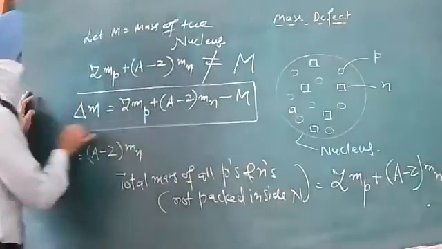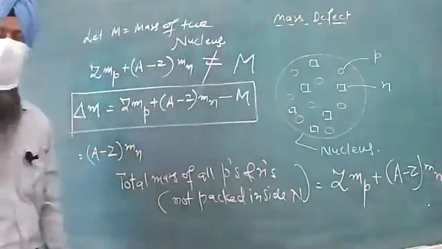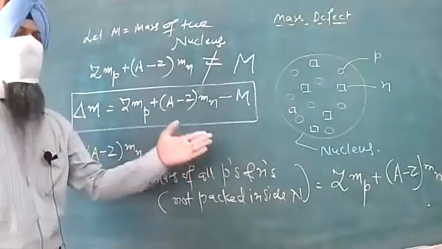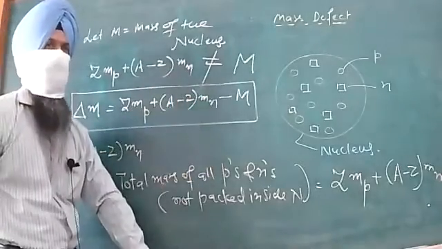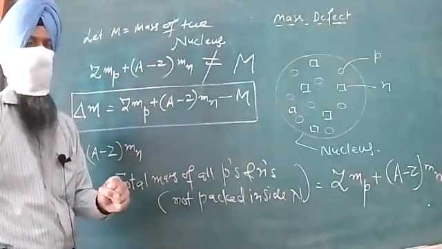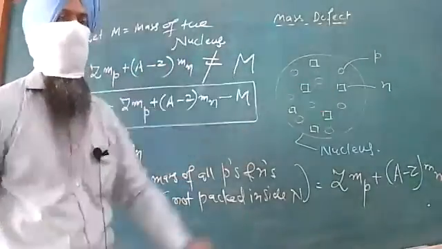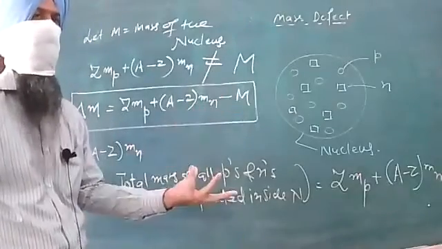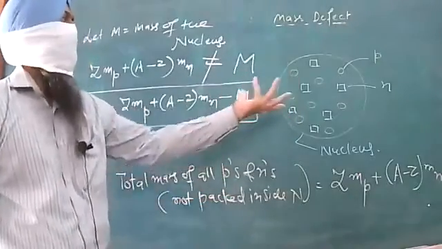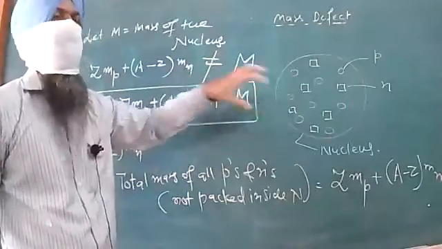So I can say that when all the nucleons are packed into the nucleus, the loss in the mass appears in the form of the binding energy required to bind all the nucleons inside the nucleus. Otherwise, you can well imagine proton-proton repulsions are there, proton will repel proton. So when proton repels proton, how can these similarly charged particles be packed inside the nucleus?